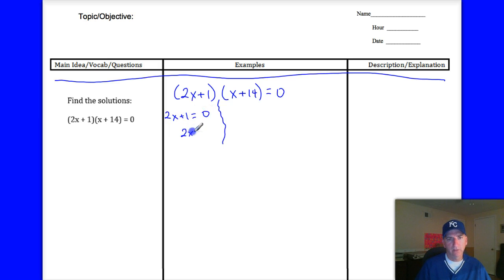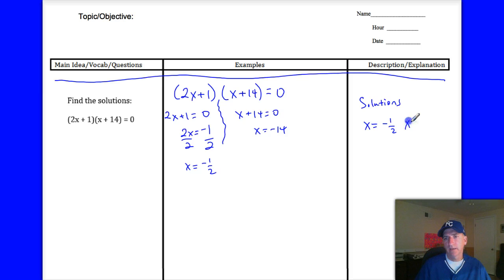Subtract 1, 2x is negative 1, divide by 2, x is negative 1/2. And the other one, x plus 14 is 0, subtract 14, x is negative 14. Okay, so the solutions are x is negative 1/2 and x is negative 14.